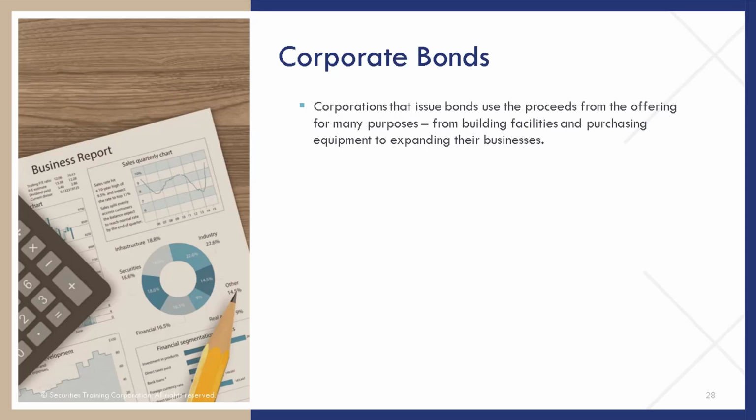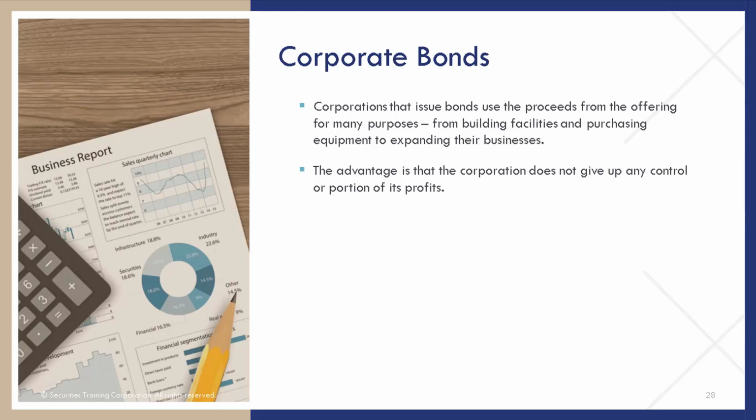And these could be issued for many purposes, from building facilities to buying equipment, expanding their business. So corporations can raise money by borrowing the money through the issuance of bonds. The advantage is that the corporation is not giving up ownership in the corporation.